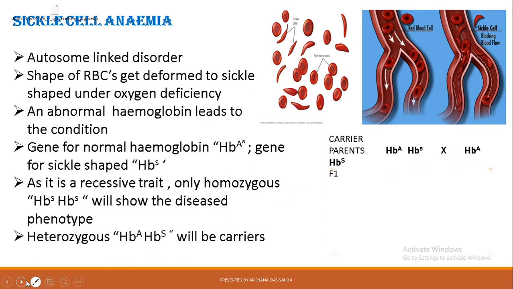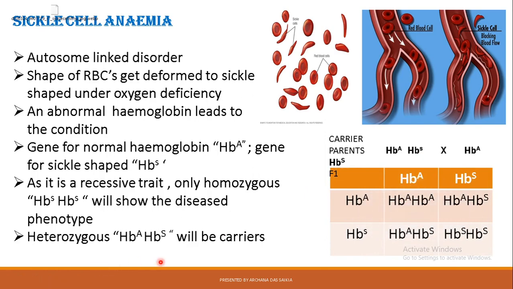In the F1 generation, we are likely to get an individual with normal RBCs, who has got both the dominant genes. Then two individuals might develop who will again become carriers, heterozygous forms, and one is likely to be defective.